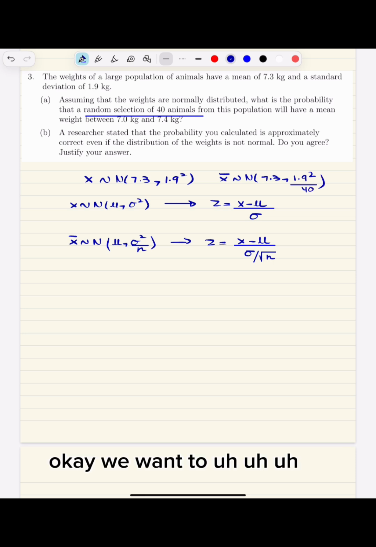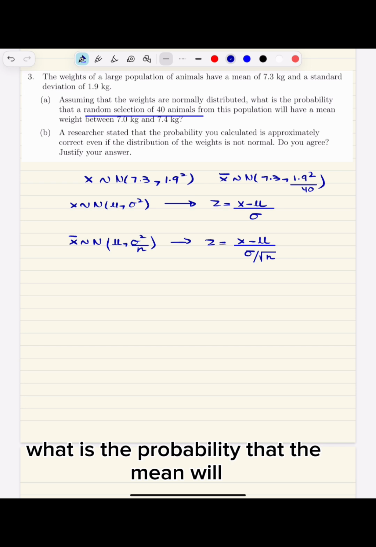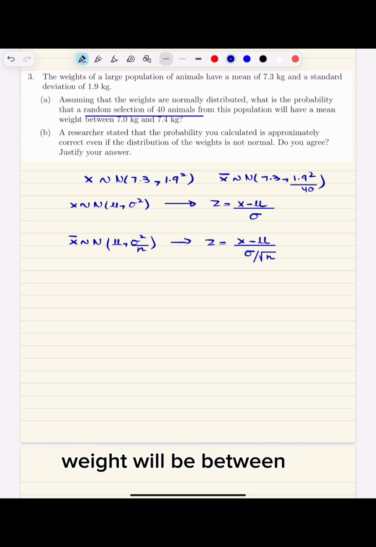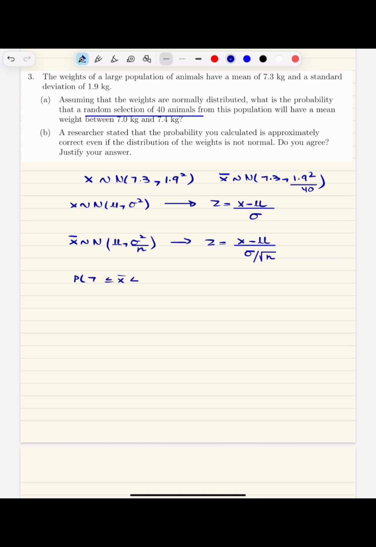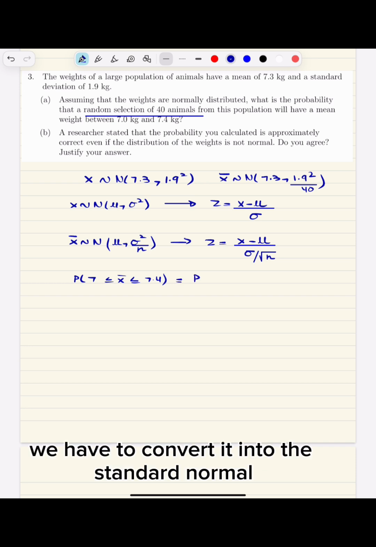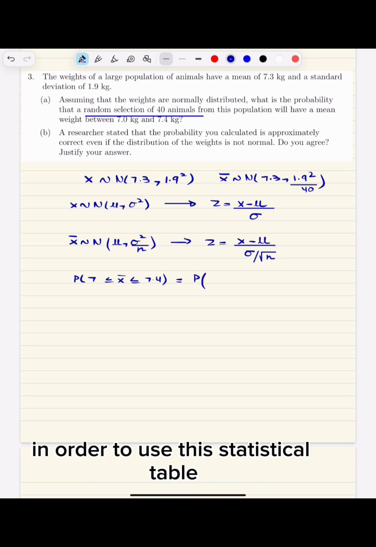Okay, we want to know what is the probability that the mean weight will be between 7 and 7.4. So first we have to convert it into the standard normal in order to use this statistical table.